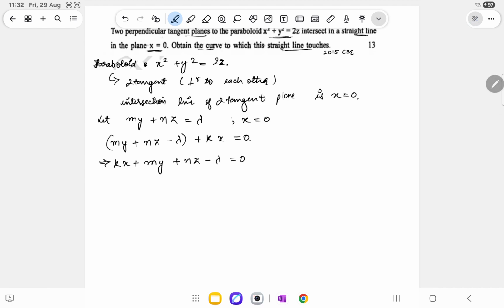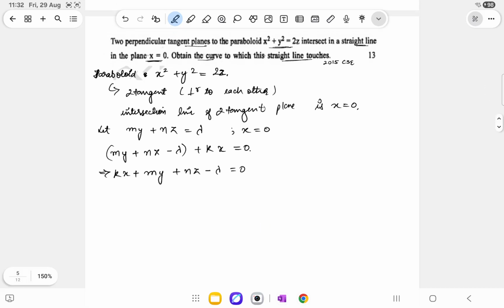So this plane that we got by the intersection of the given tangent planes must also be touching the given paraboloid, and using the tangency condition of a plane to the paraboloid, we'll get k square by 1 plus m square by 1 plus 2 n into p, that is lambda, by 1 is equal to 0.